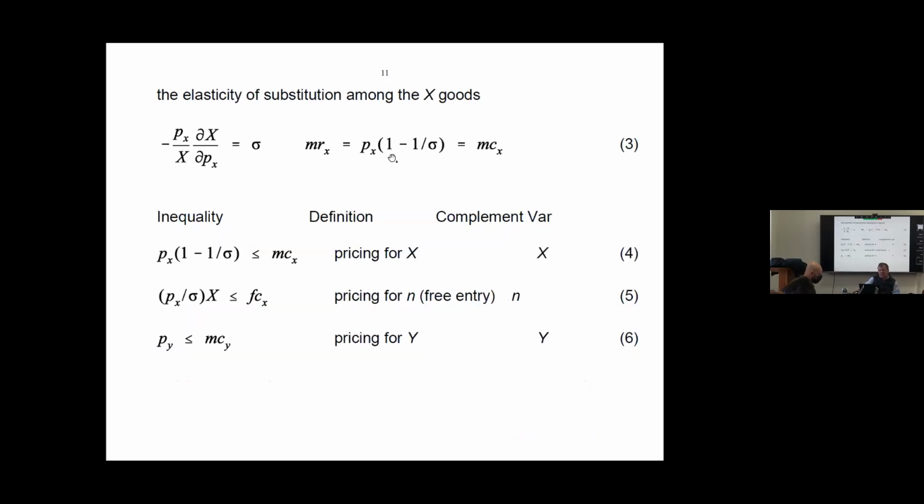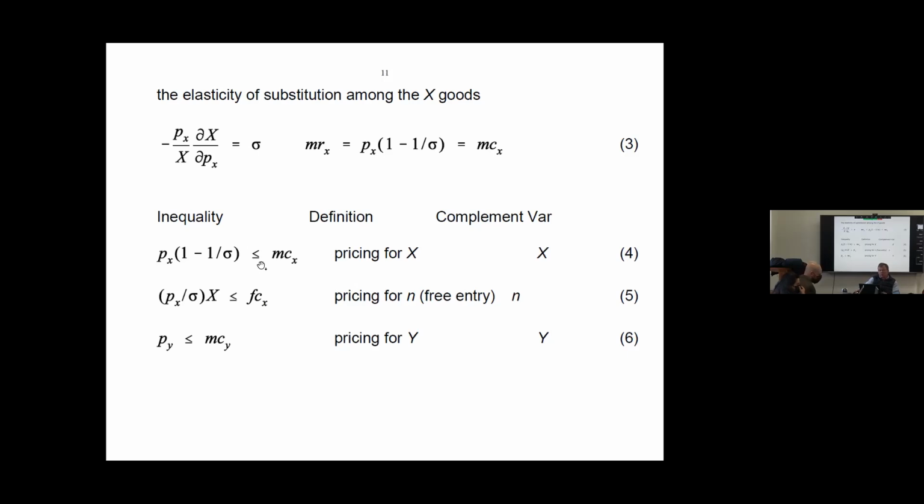Okay, so what are some of the conditions of the model then? Well, in the large group case, the marginal revenue expression is quite simple. It's PX times 1 minus 1 over sigma, where sigma is a parameter. It doesn't vary, and that equals marginal cost. So that's a pricing equation: marginal cost greater than or equal to P times 1 minus 1 over sigma.